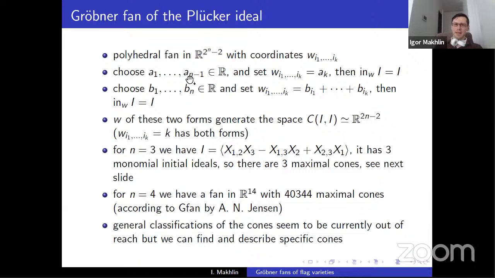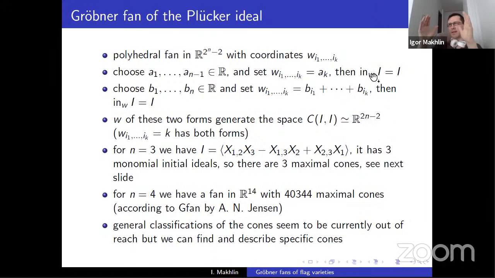Let us take a real number a_k for every k from 1 to n minus 1, and then for our weight, all the coordinates of our weight correspond to the Plücker variables, to the variables in the ring, and let us say all the coordinates of our weight with the same number of subscripts are the same. Then you can easily see that the initial ideal of I will be I itself.